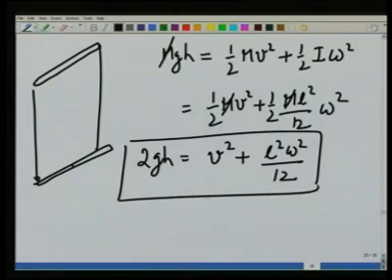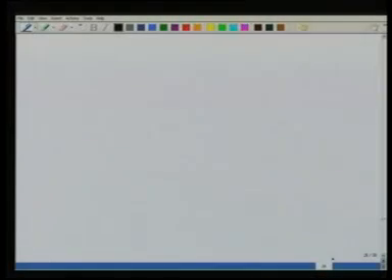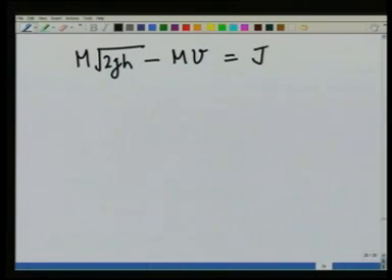So, now I have got 3 equations to solve to get my answers. The 3 equations are m square root of 2 g h minus m v equals j.